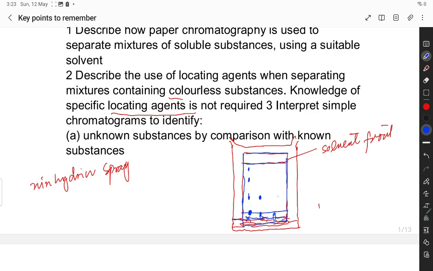X is a mixture, and green is not present in this mixture of dye. You should know the labeling of the chromatogram: baseline, and this is the solvent level.